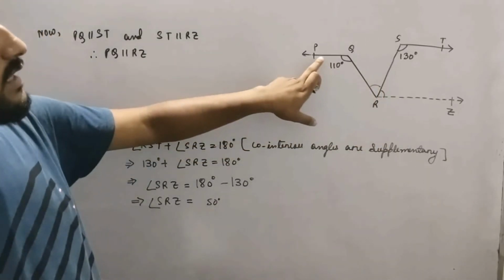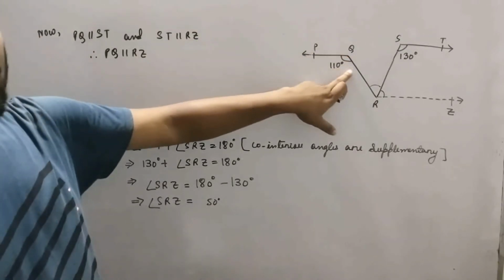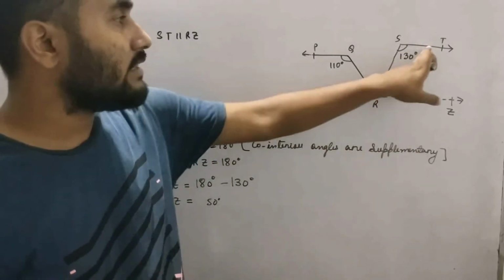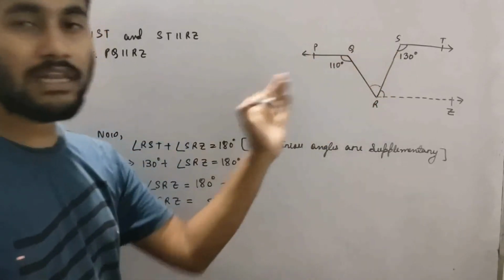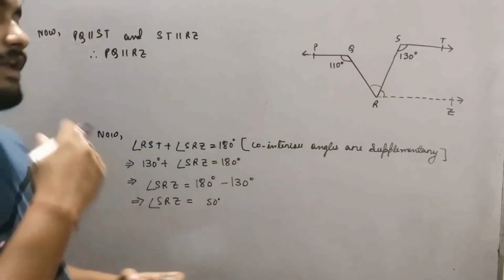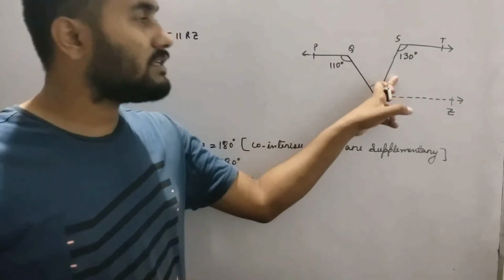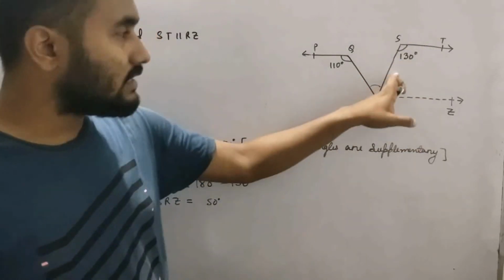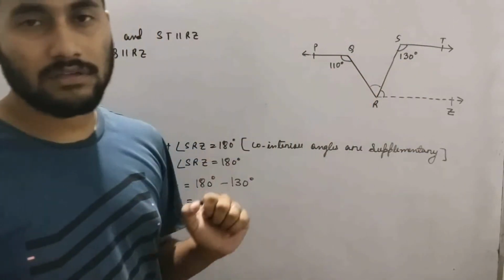If I consider these two as parallel, then this is the parallel line and this is the transversal. So your transversal has changed. A parallel line can have a lot of transversals. It is not fixed that only this will be the transversal. For these two lines, this is the transversal.